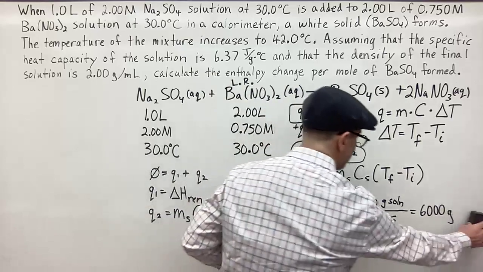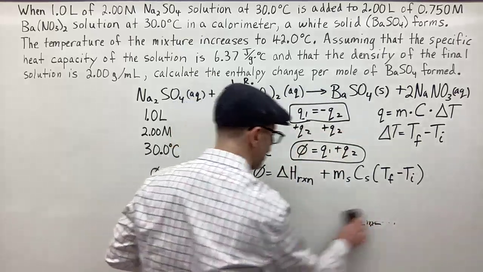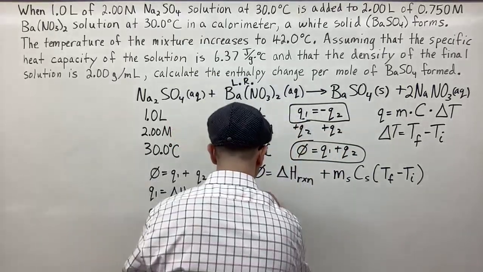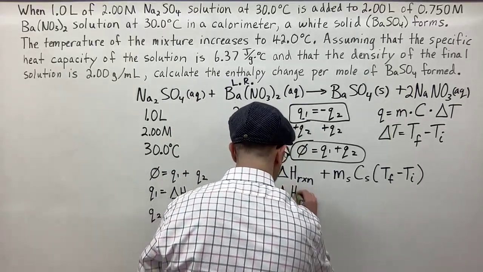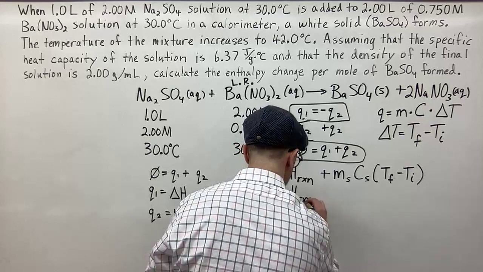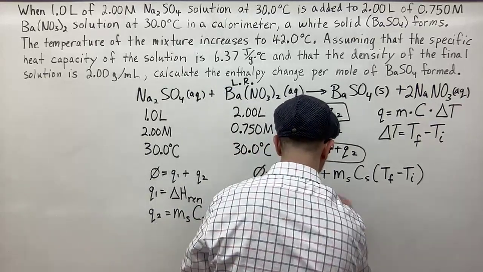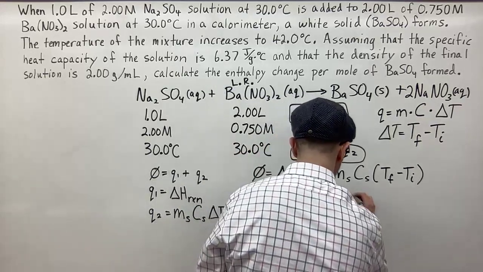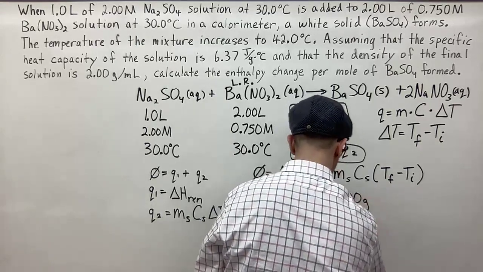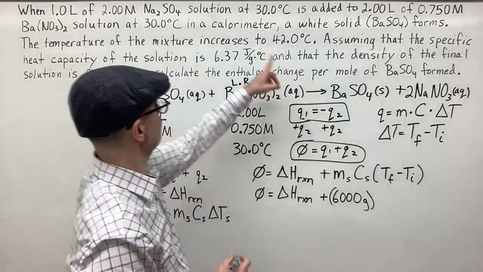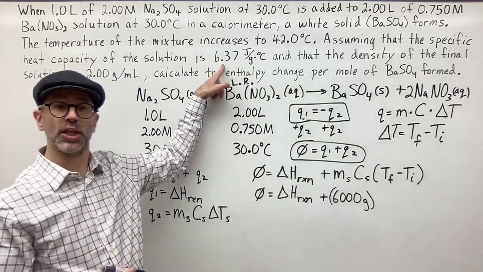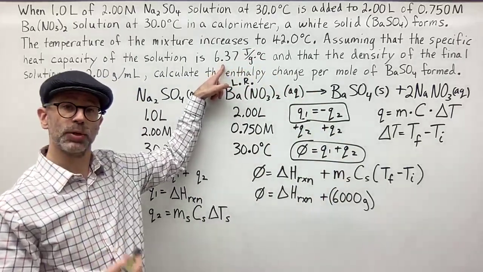So now that I got that, I'm going to plug that in. 0 equals the change in enthalpy of the reaction, that's what we've got to find, plus 6,000 grams multiplied by the specific heat. They gave us the specific heat, which is 6.37 joules per gram degree Celsius.